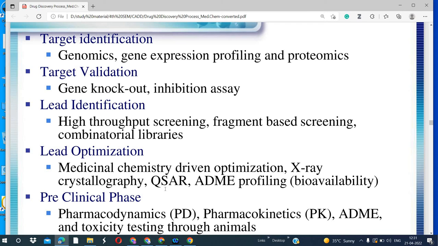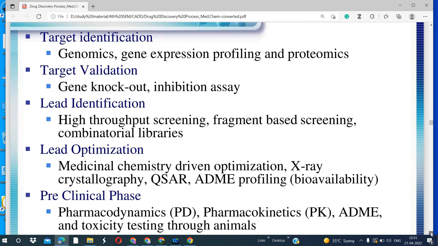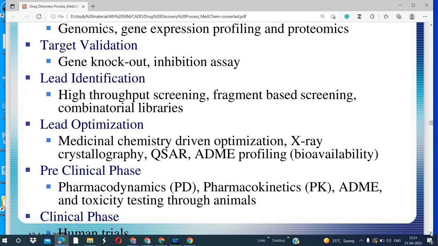We need to change that molecule so that it has the proper ADME profile to meet the criteria of working, meaning the drug may work against the target. So it should be bioavailable also. In the preclinical phase we do pharmacodynamic analysis and pharmacokinetic analysis.